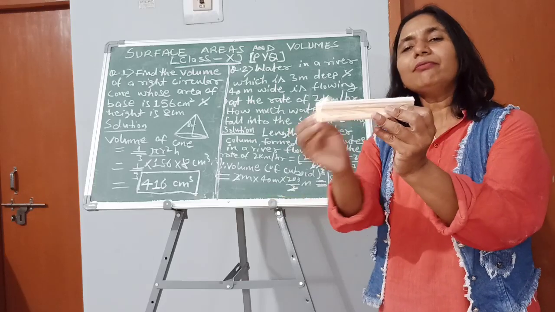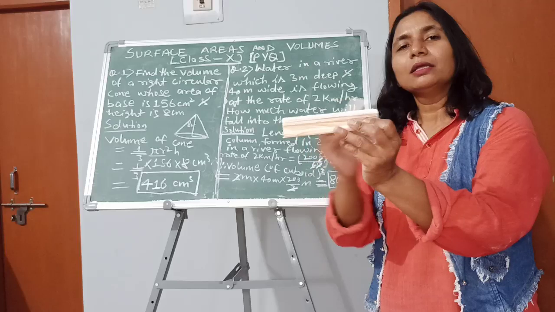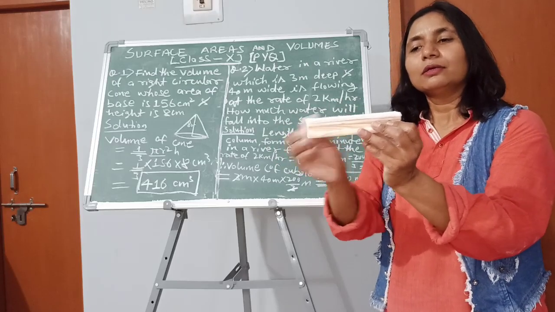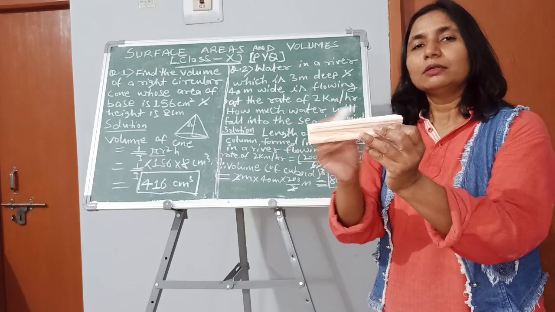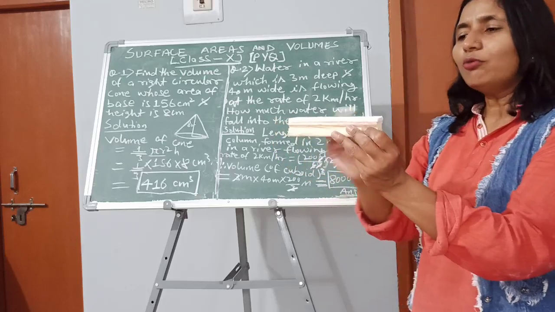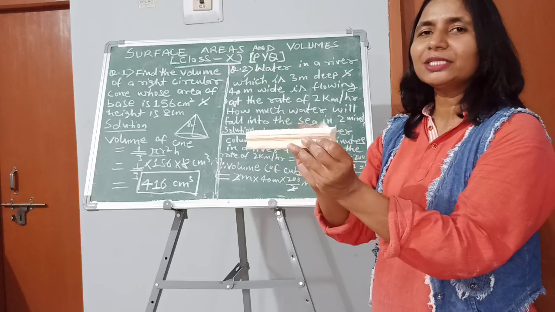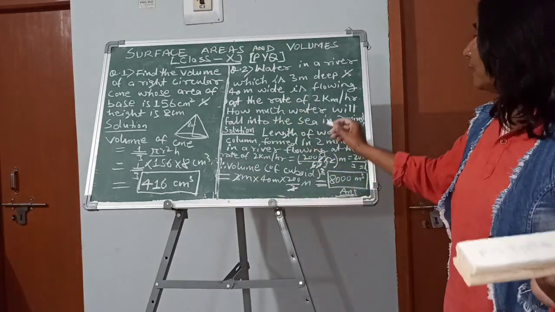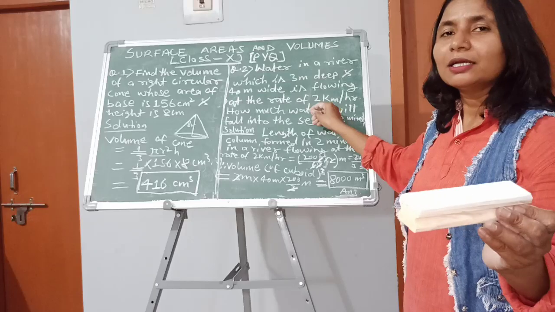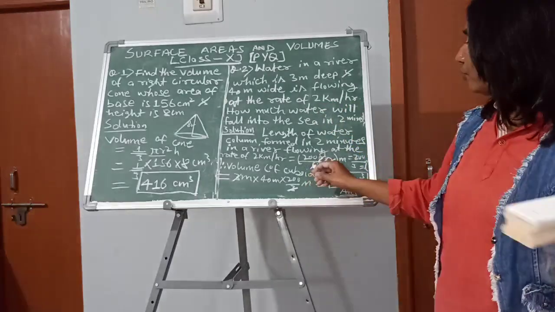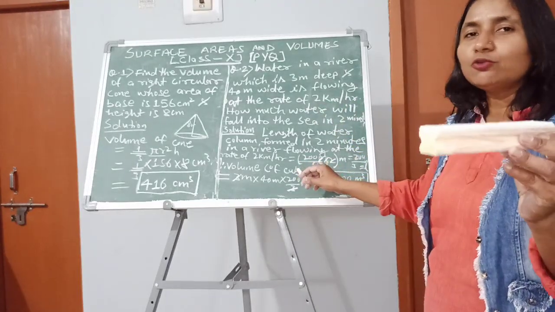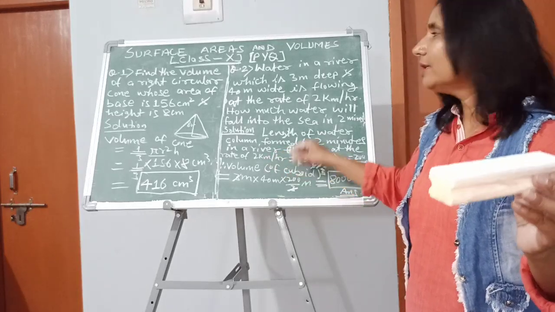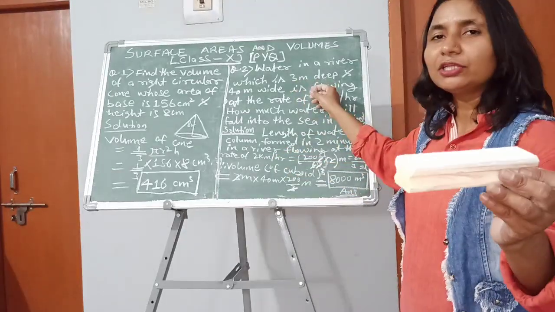So the value of L will be the distance the water covers in 2 minutes. How much distance is it covering? That will be the value of L. So from here you can say 2 km length in 60 minutes. So first of all we will find what is the length in 2 minutes. So let us convert this into meter and minute. Other dimensions are given in terms of meter.